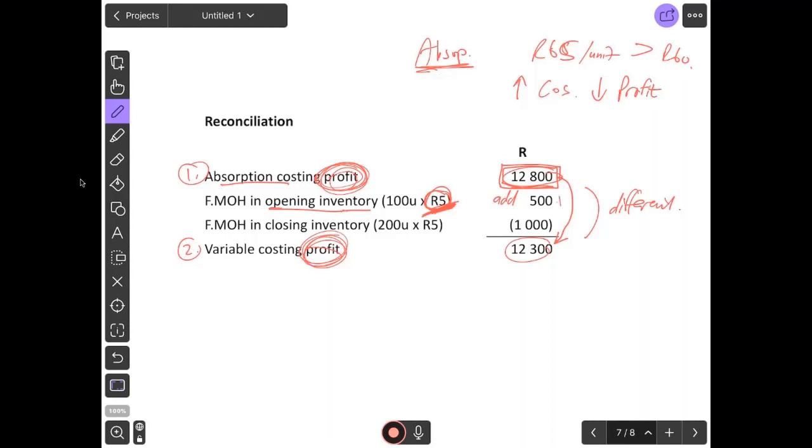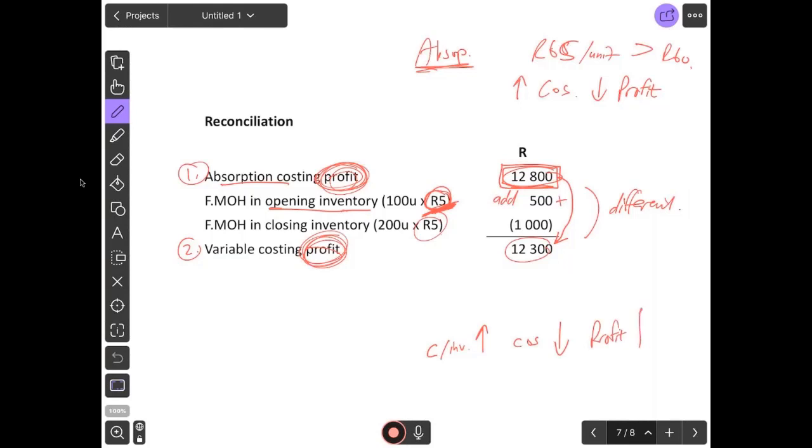And in closing inventory, it's the opposite way. So there we have closing inventory is more in absorption costing, more with the R5. So that means cost of sales is less because we deduct closing inventory. So that means profit is higher.